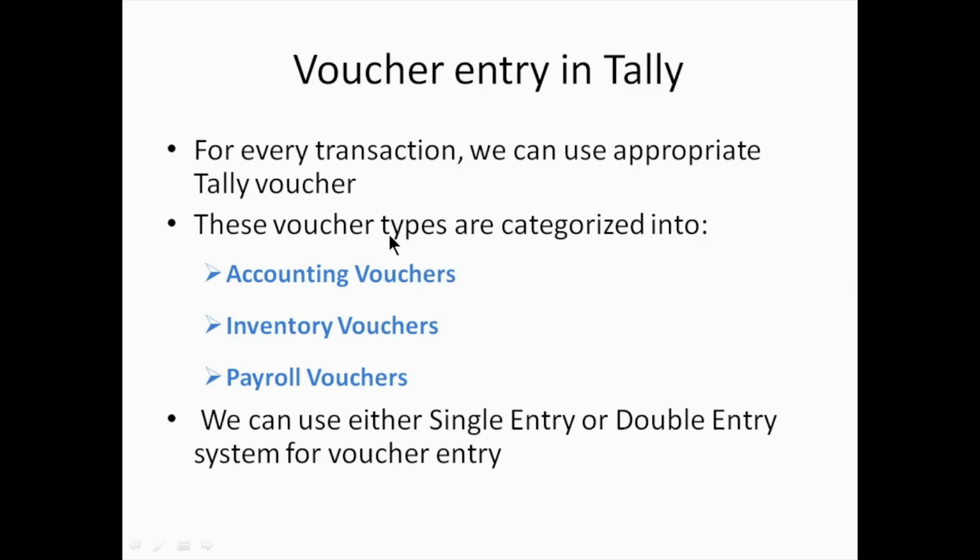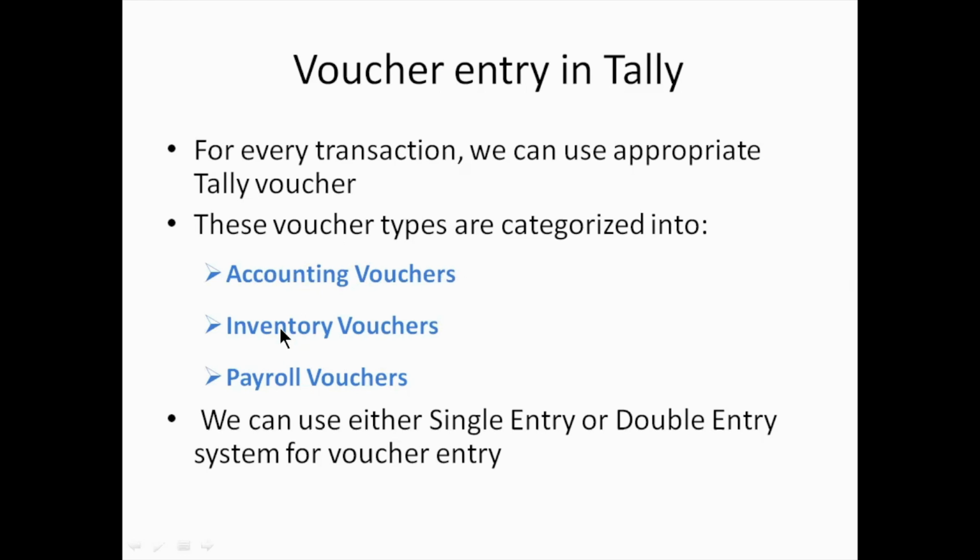Basically, the vouchers in Tally are categorized as accounting voucher, inventory voucher, and payroll voucher. Accounting vouchers are used when the company is in service industry. As we know how to create a company in Tally, if we have created a company as a service industry, in that case we will use accounting voucher.